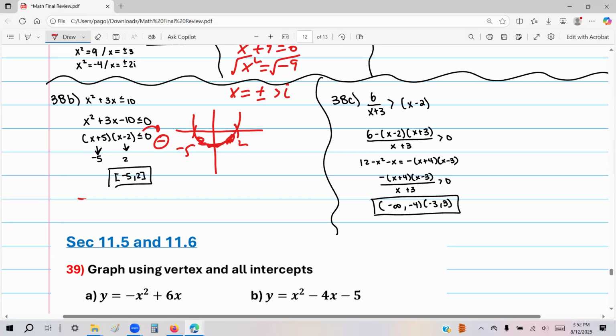If you do want to use a number line, you write them on the number line. Negative infinity, positive infinity. Somewhere you have -5 and 2. Then you pick a number here. Let's say -10. And you replace here -10 plus 5 and -10 minus 2. -10 plus 5, negative. And here you have negative. So you get negative times negative.